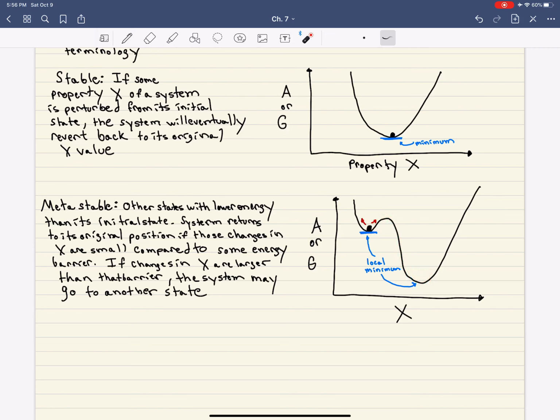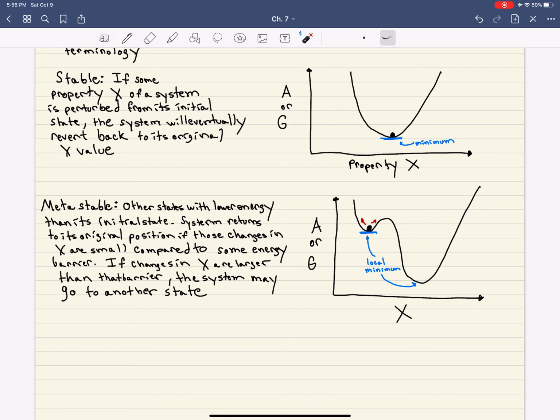Right? And then it wouldn't return back to its original state, but rather it would get stuck in a valley that we see over here in a new equilibrium state. Okay? So that's what we mean by metastable: the system is initially stuck in some sort of low energy state, but if you perturb pressure, volume, or temperature enough, then you may cause the system to change irreversibly into another state.